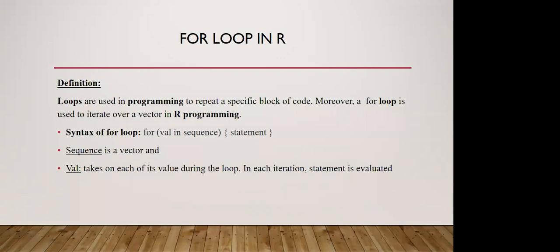The for loop is used in programming to repeat a specific block of code. Moreover, a for loop is used to iterate over a vector in R programming. The syntax for the for loop is: for value in sequence, and then your statement. A sequence is a vector, and in each iteration, for each of its values during the loop, the statement is evaluated.